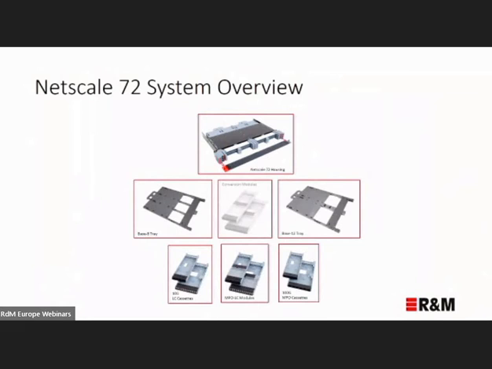Then each base can be fitted with smaller modules. Splicing is done on a special insert designed just for splicing, and this splicing insert I will show you later too.